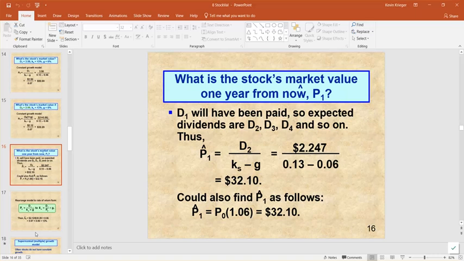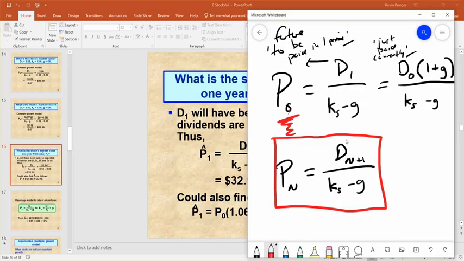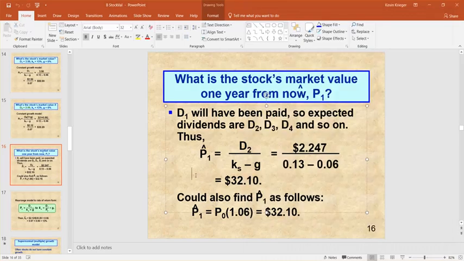All I need to know for my price estimate 1 year from now, P-hat 1, is the next dividend. So it's D2 in that case, because the next one is in period 2. The Ks minus g is the same denominator. The hat on the P is to let you know it's the expected price, your estimate of the price a year from now. That's the reason for that little abbreviation that you sometimes see.